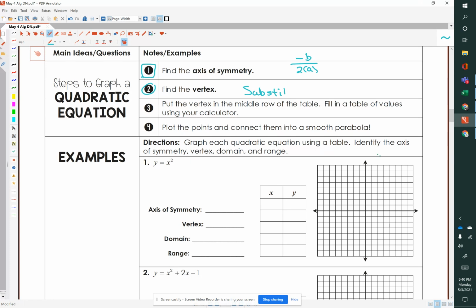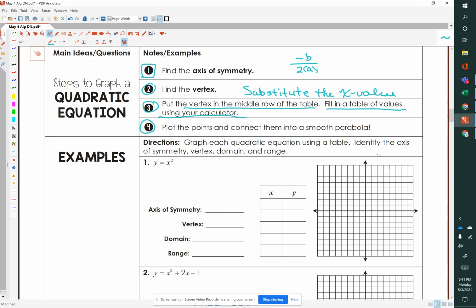Then you want to find the vertex, which means you will substitute the x value. Then you're going to put the vertex in the middle row of a table and fill in a table of values. You can use a calculator when you do this.